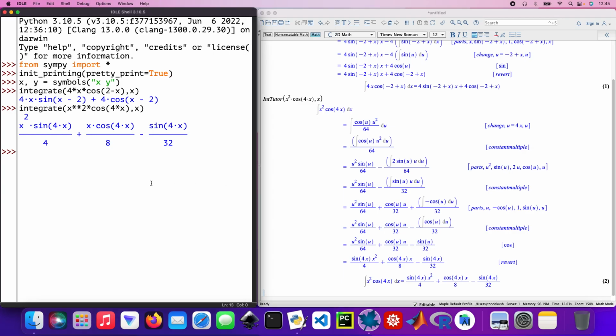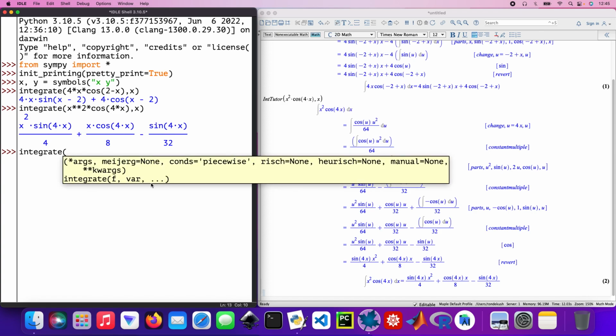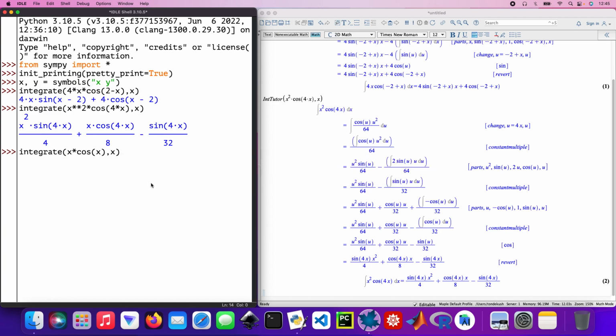Okay, clicking on to the next one. So integrate x times cos x with respect to x.